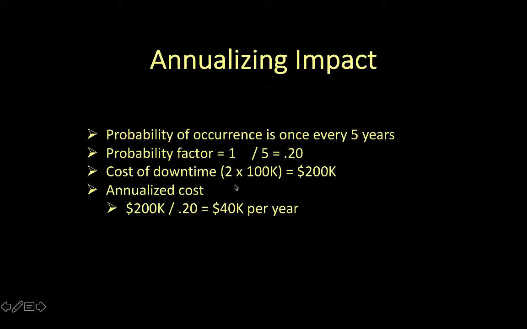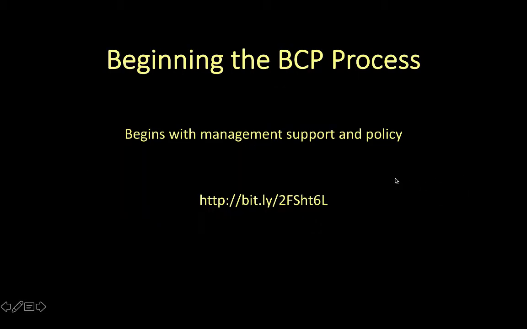Therefore, the total cost of an event is $200,000. We multiply this by the annualized probability of occurrence, 0.20 times 200,000, resulting in an annual cost for this event of $40,000.